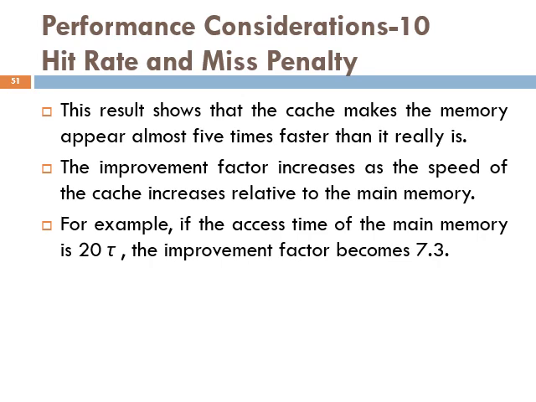This result shows that the cache makes the memory appear almost 5 times faster than it is. The improvement factor increases as the speed of the cache increases relative to the main memory. For example, if the access time of the main memory is 20 tau, the improvement factor becomes 7.3.